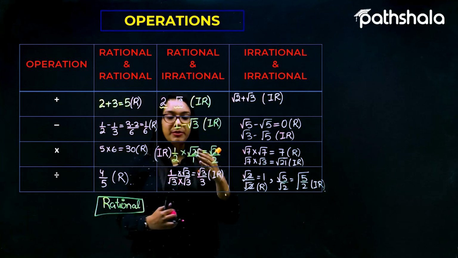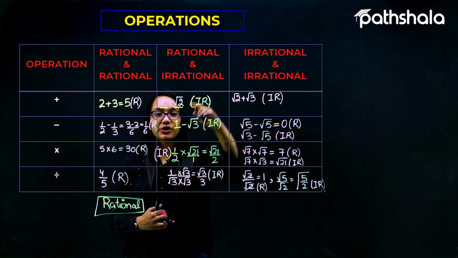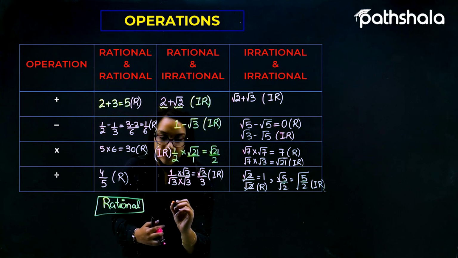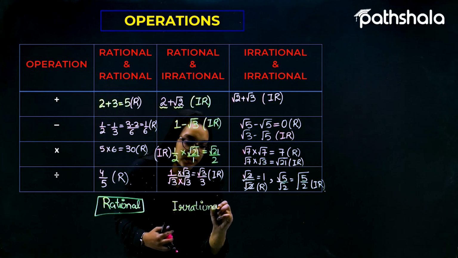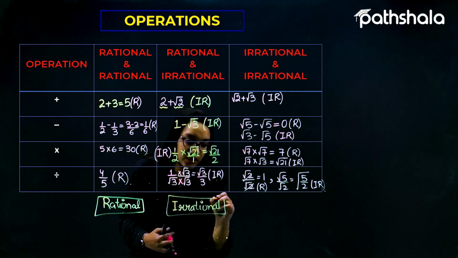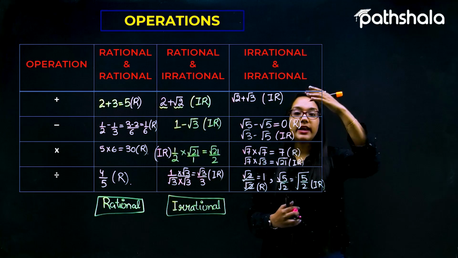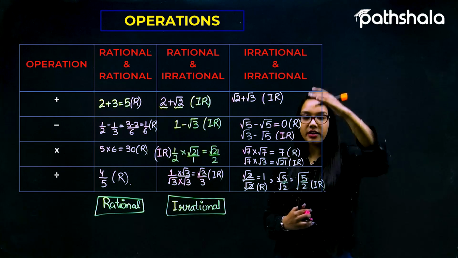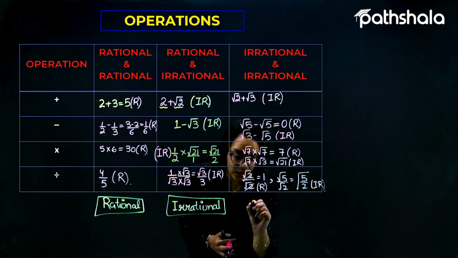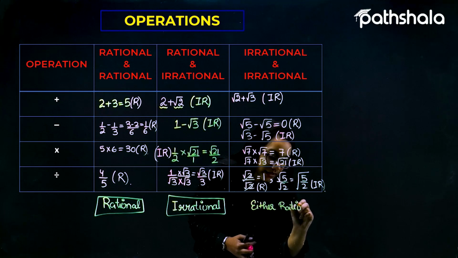And the addition, subtraction, multiplication, division of any rational and an irrational number always results in an irrational number. But the third column will be like the answer of the addition, subtraction, multiplication and division of any irrational and irrational. It can result in either a rational or an irrational.